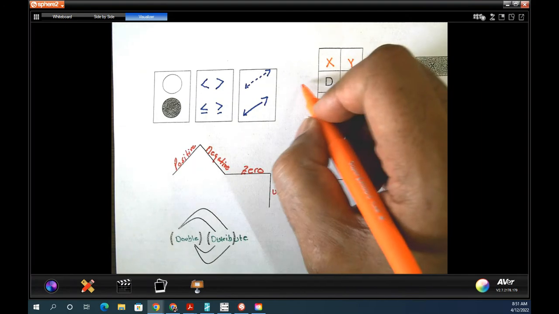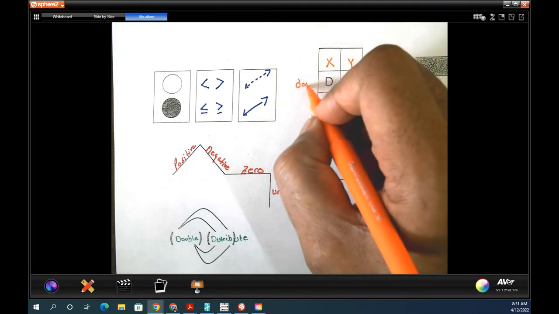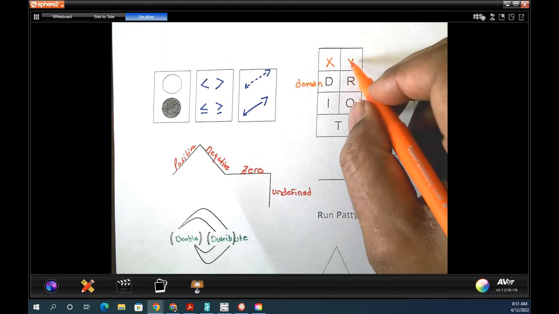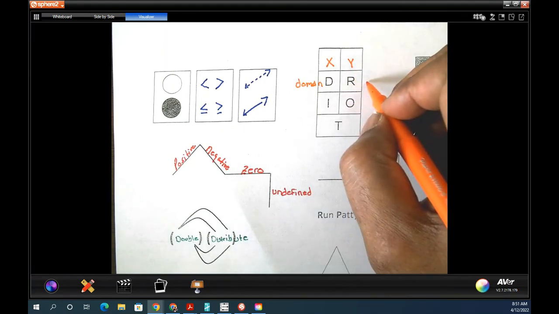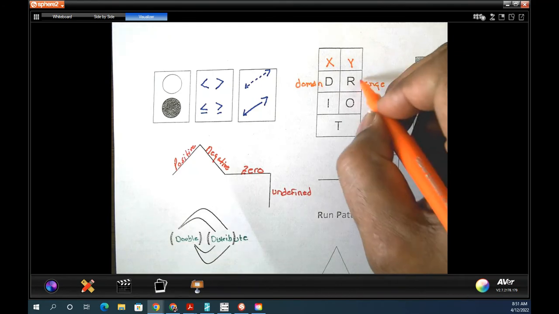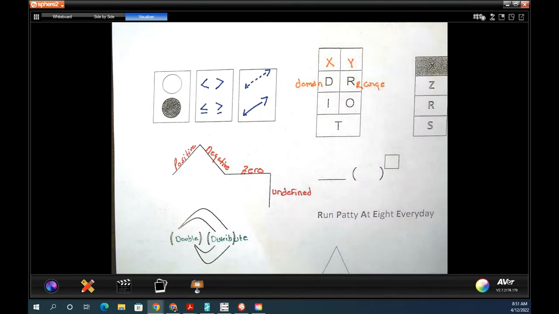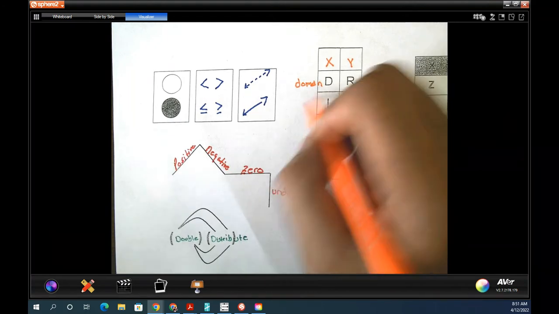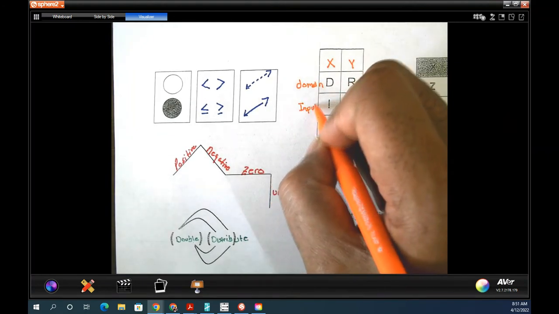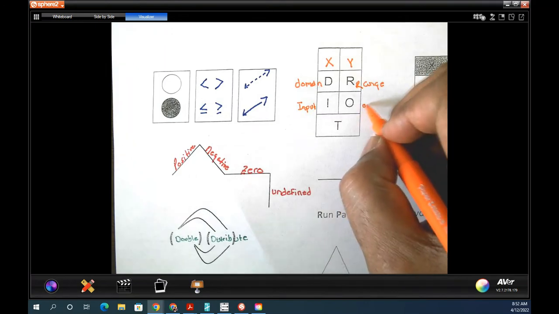D stands for domain. Y's are your range. Let's go ahead and write the R. The X is always the input, and the Y is always the output.